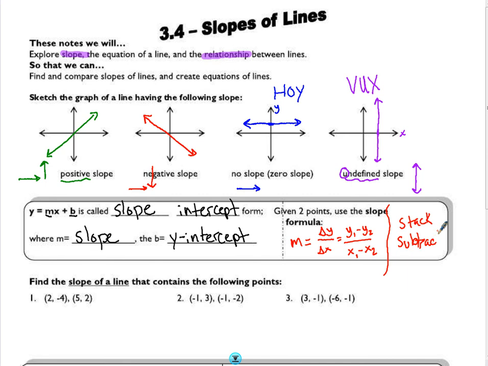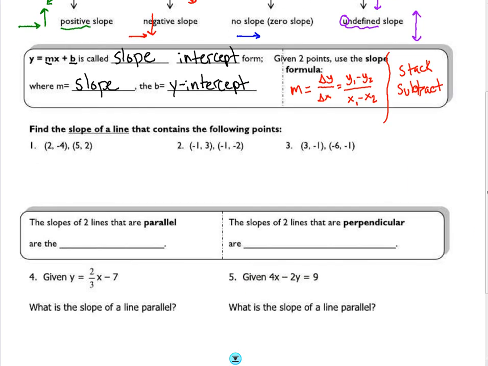Alright, let's do a couple examples. Remember, whenever you're following along with one of my videos, if you feel like you understand it, feel free to pause, try the problem on your own, and then pick up where I left off. So hopefully you paused and tried this problem. First, I'm going to try number 1 with the formula.